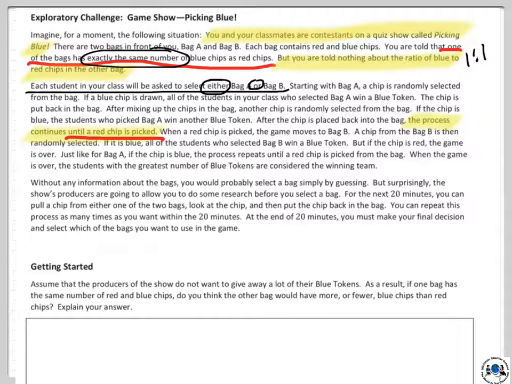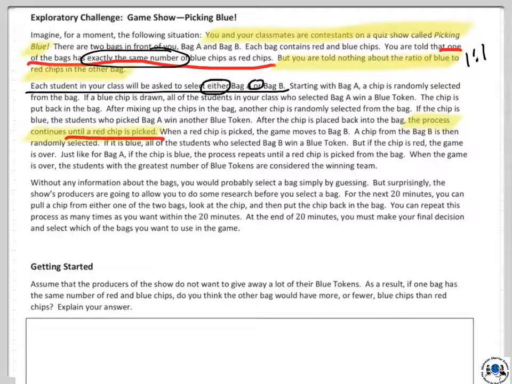We're just going to pick a tile, take it out, record it, throw it back in, pick another. It's that whole process, with replacement. So if the chip is blue, the students who picked bag A to win get a token.